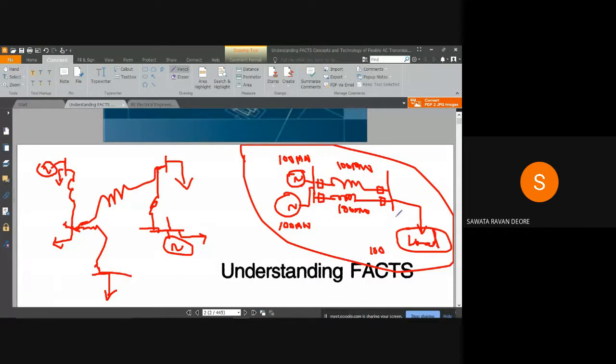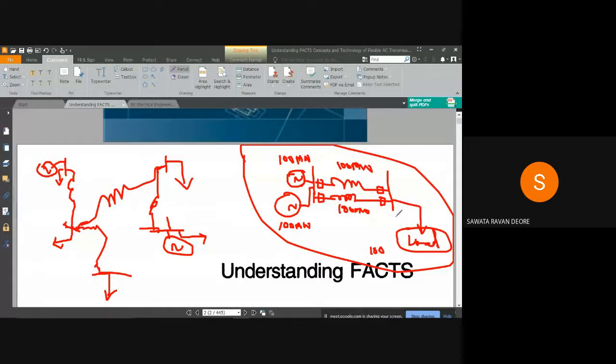So every individual utility has 3-4 substations. It depends on the size of that utility or how much geographical area it is covering. Every individual utility has 3-4 generating stations connected to the geographical area to which it is feeding power through a transmission line, such that the continuity of supply to their customers is maintained in any condition.